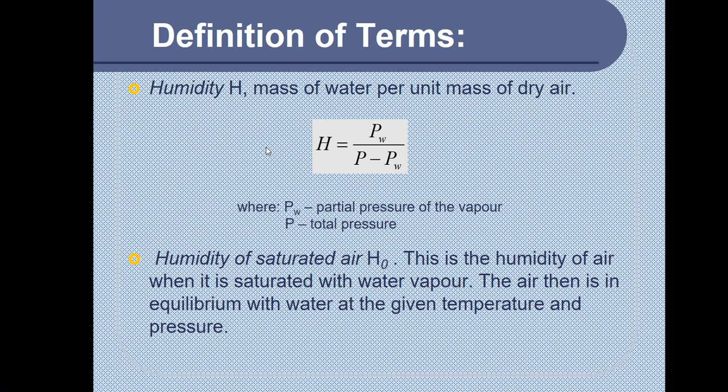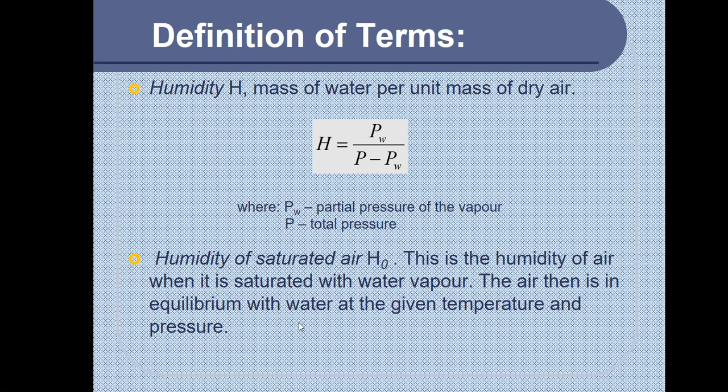So, when we speak of humidity, that's the mass of water per unit mass of dry air, or the amount of water that dry air contains. And its formula is expressed in terms of the partial pressure of the vapor divided by the total pressure minus the partial pressure of the vapor. That's the humidity per unit mass of dry air.